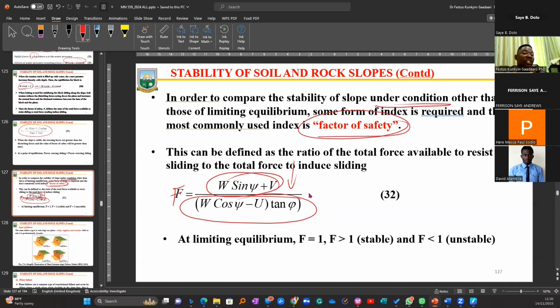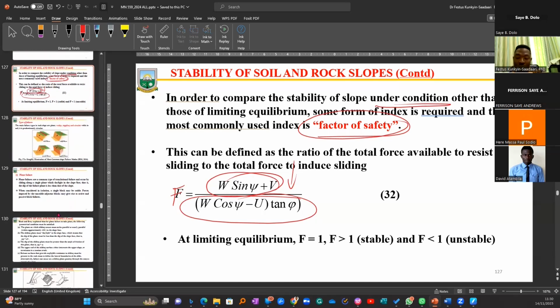If your target is always 1.5 as the standard and you get less than 1.5, then you put in your safety measures. It could be the bolting you are going to do in the stope, or some grouting or wire meshing or whatever you need to do. So that is it for the factor of safety.